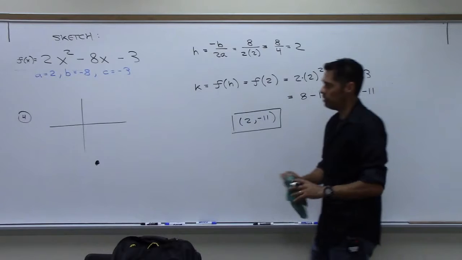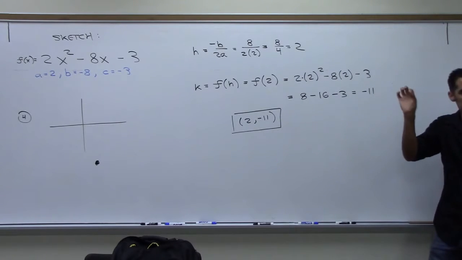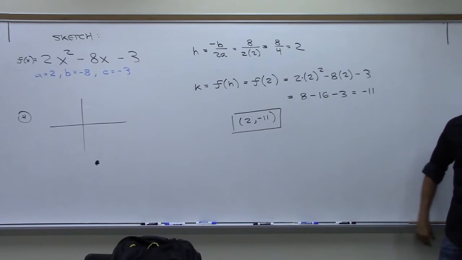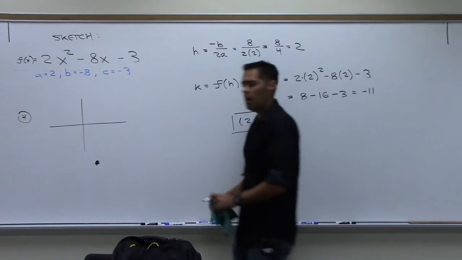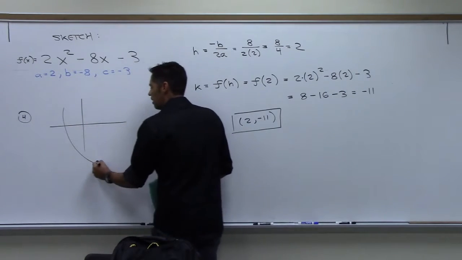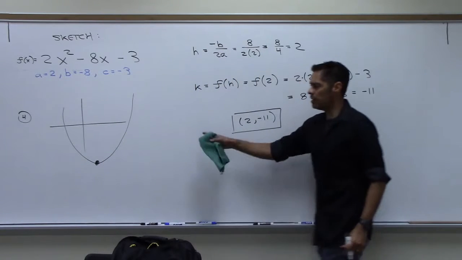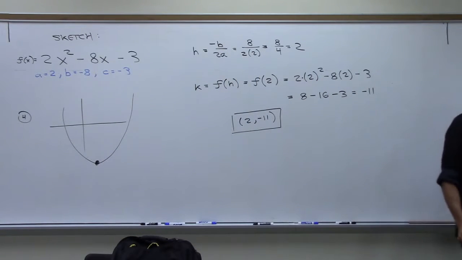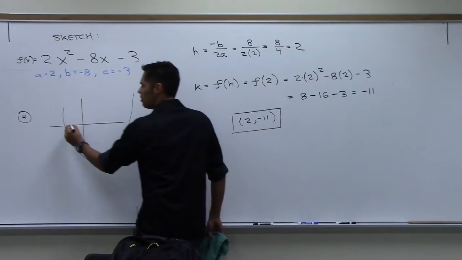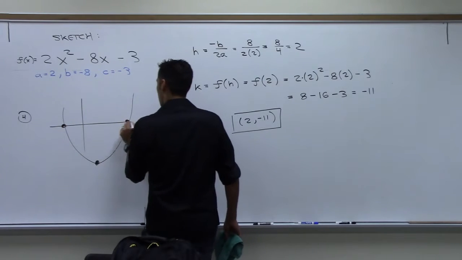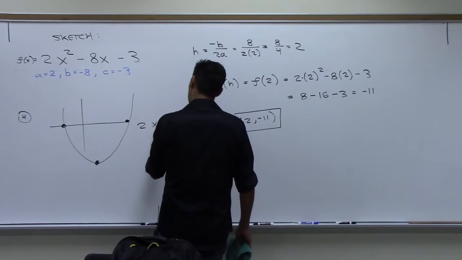See how loose I am with that? I don't even care to count it. I just know it's over and down. And my graph opens which way? Up. Now why am I doing this sketch? To see how many x-intercepts I have. And in this case, I do have them, don't I? I have 2 x-intercepts.